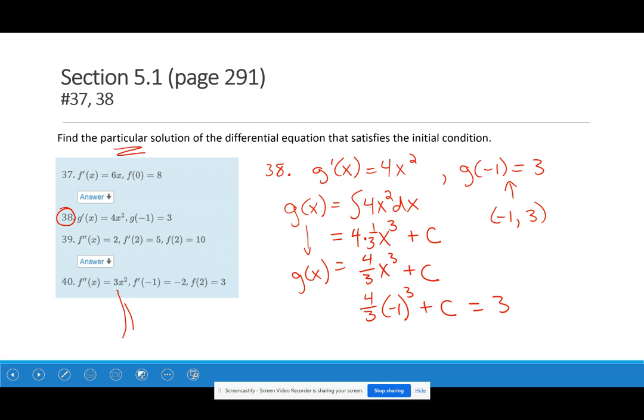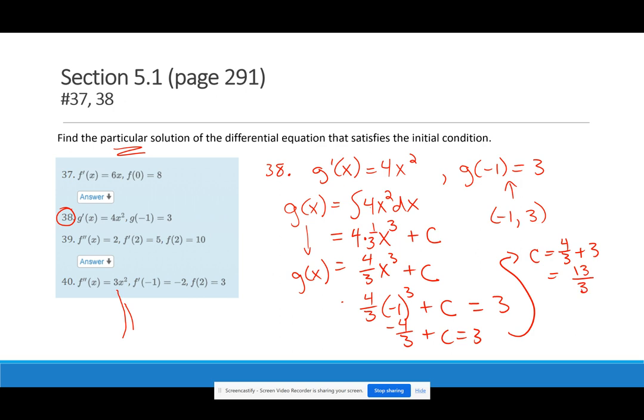I can't move this up like I can with my Word documents. Anyway, that's going to wind up being 4/3 times a -1. So that's -4/3 plus c is equal to 3. I'm going to add 4/3 to both sides, and c would equal 4/3 plus 3. You can do that on your calculator, or that's 4/3 plus 9/3, which would be 13/3.